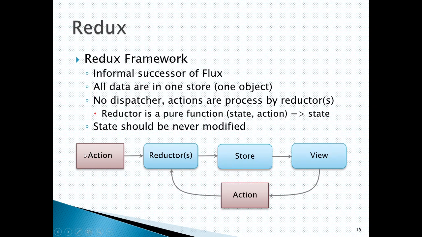So it's the same concept as Flux. You can see action, reducers, and the reducers call the store, which provides the state to the view. The view can also call any action, and against that action the reducer will be called, and it will in turn update the store. So the same concept is there.